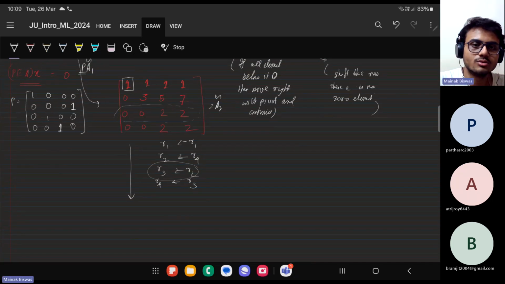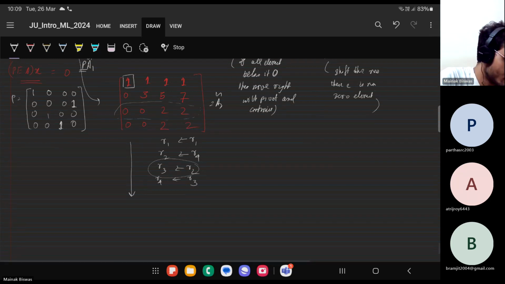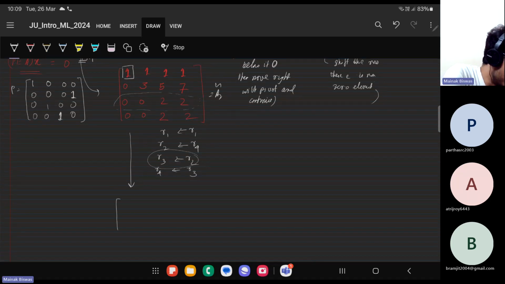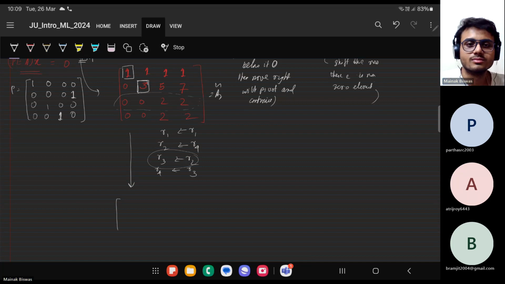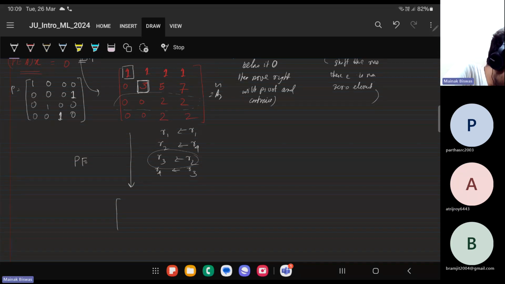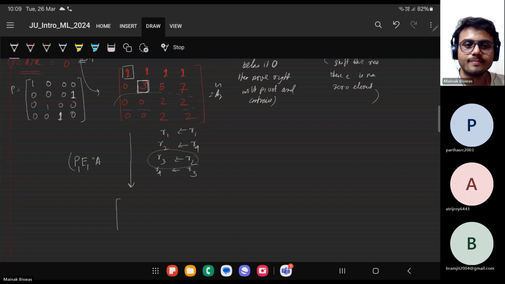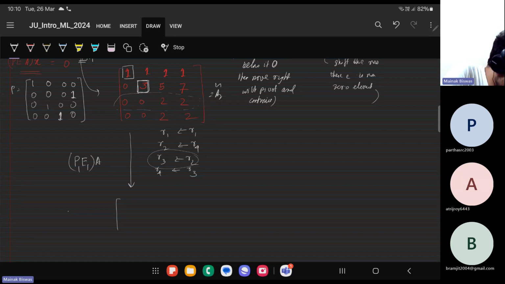You will convert this, again, this is a pivot now, right? Right or wrong? Yes. Now you have done two operations, E1 and P1 on A, right? This is what you have done to give you A2.